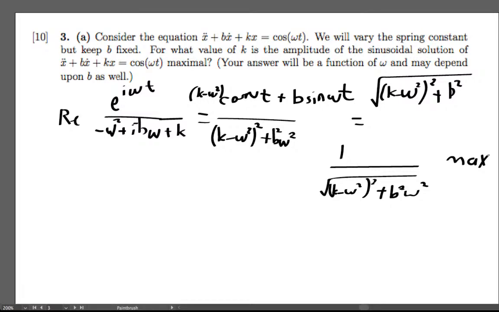So if you want to figure out the max, you want to figure out the critical points, because that's how you would figure this out. In order to maximize this, we want to minimize the bottom side, so we want to make sure that k minus omega squared plus b squared omega squared is a minimum.